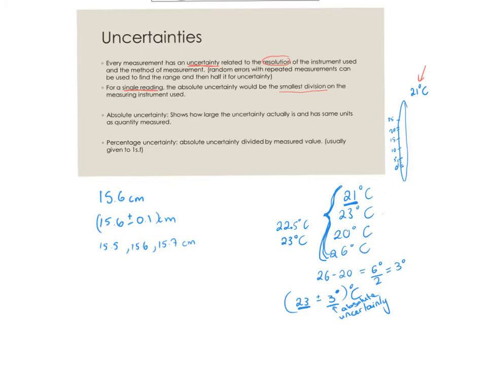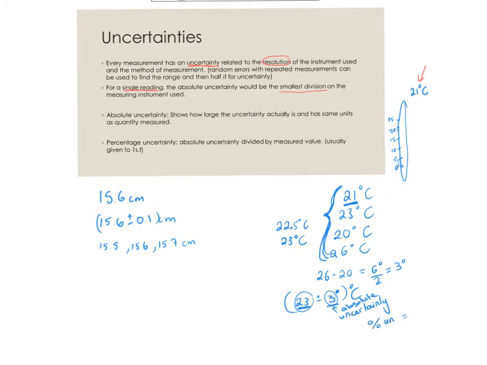So if I wanted to find the percentage uncertainty, it's basically the absolute uncertainty divided by the measured value, and then you times it by 100 to get the correct percentage.